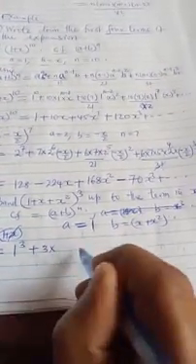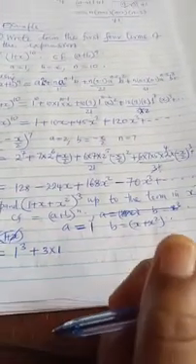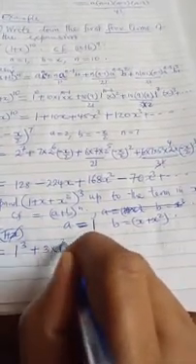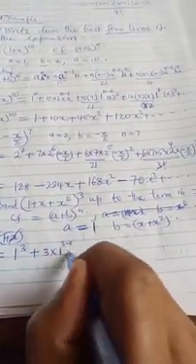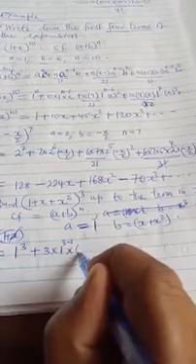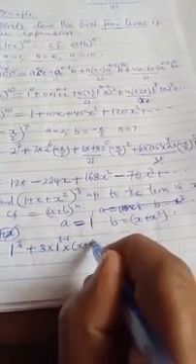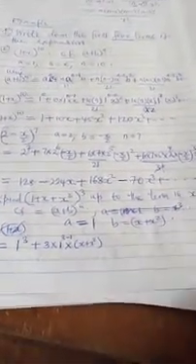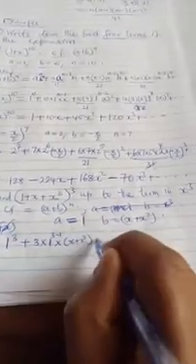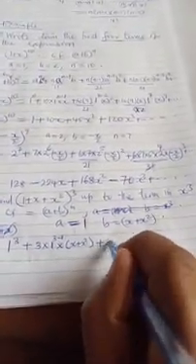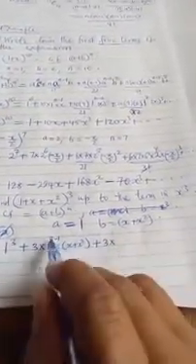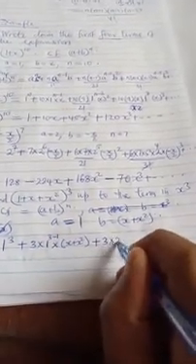We multiply it by a, which is 1, to the power 3 minus 1, times b, which is x plus x squared. The next term becomes 3 times 2 times 2.